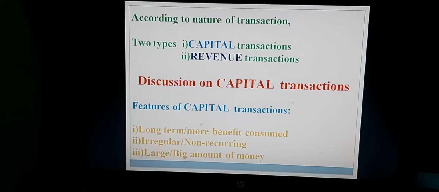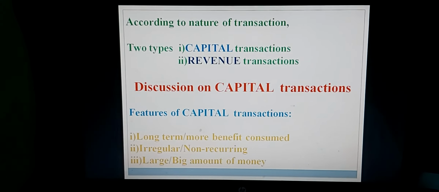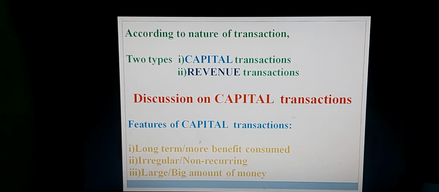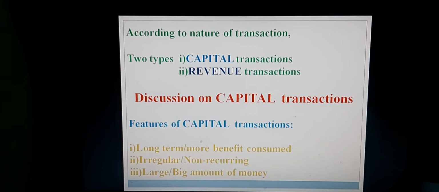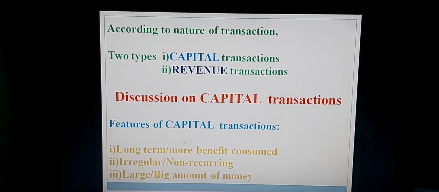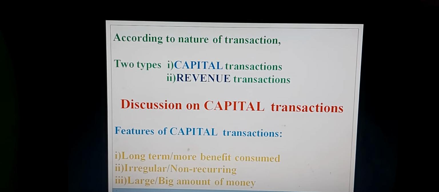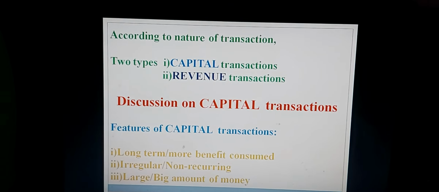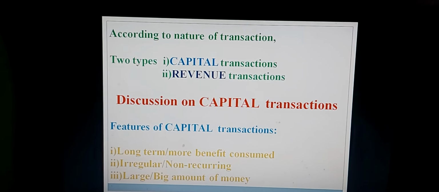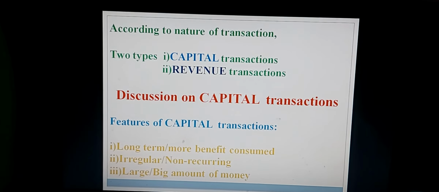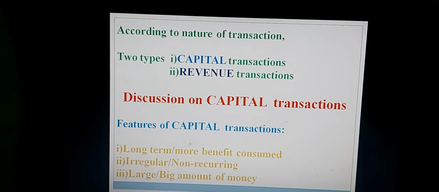A business person needs to assess his economic and financial condition after a certain period, generally in a year. For this, at least 3 statements need to be prepared. Statement of comprehensive income, which is the mixture of trading and profit and loss account or income statement.